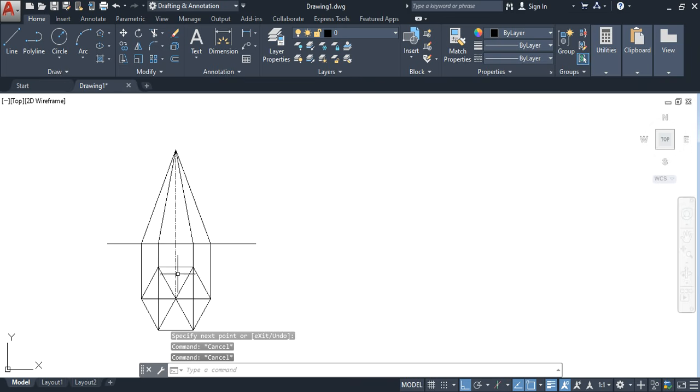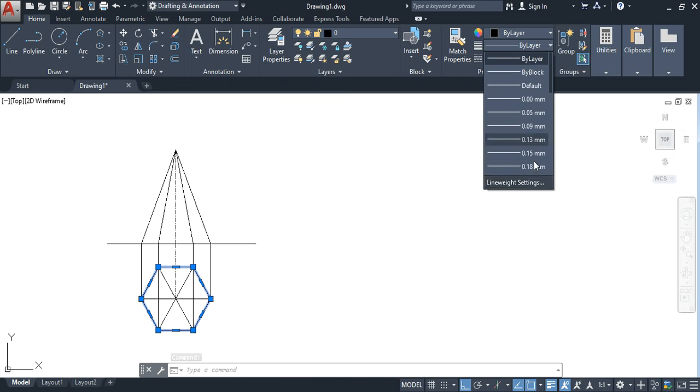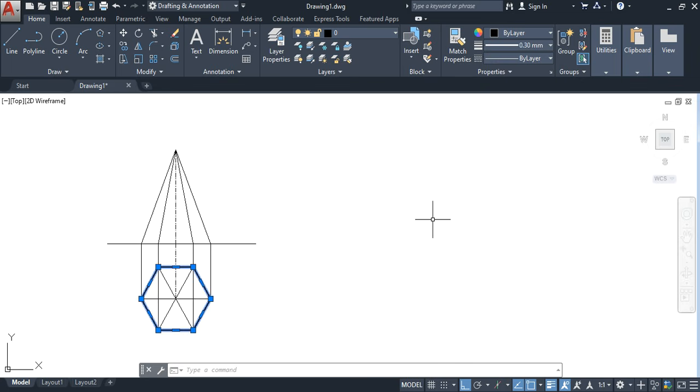Because of this hexagon and this front view, the edges which are visible we will make dark. So let us make them dark. In the top view, this hexagon is made dark.